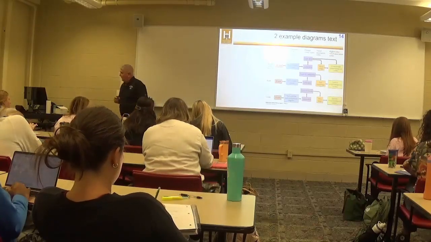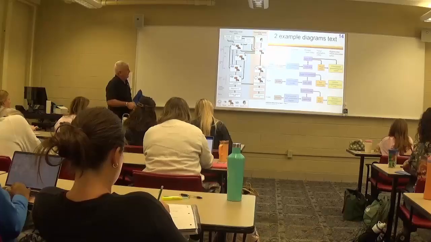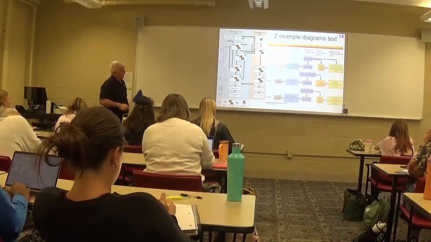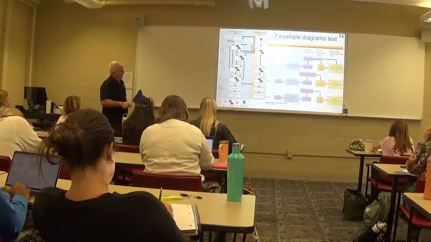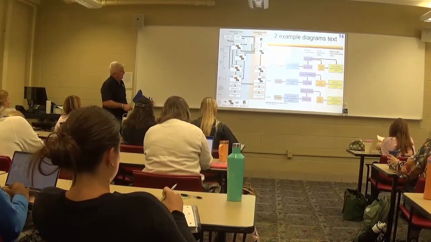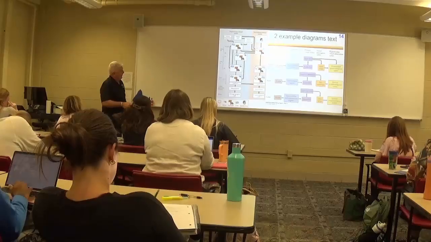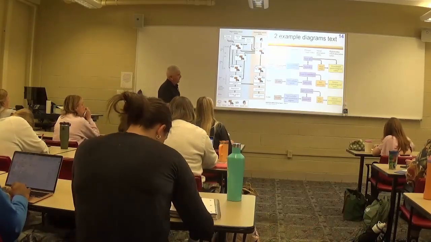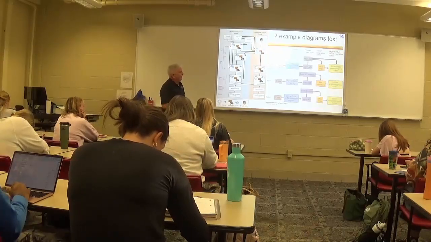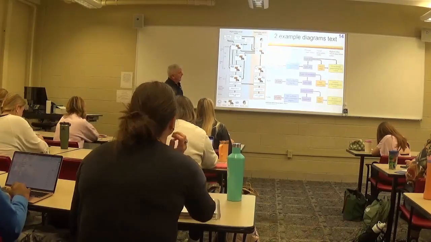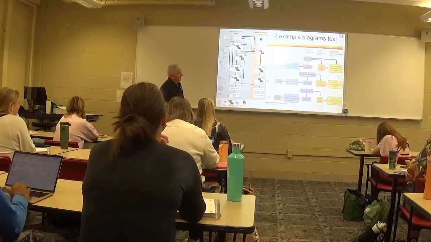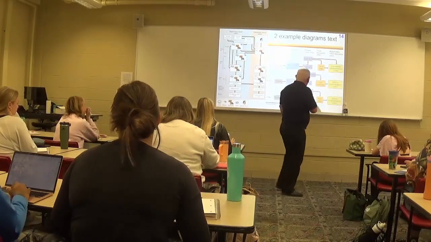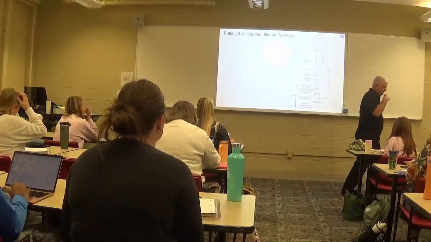All right, so these are two examples from your textbook describing this. We have M cells, magnocellular, and parvocellular: movement, periphery, color, detail. These are projecting into primary cortex, and then from primary cortex we're going on to the secondary cortex. I don't want to spend too much time on that. This is a slide that I like.